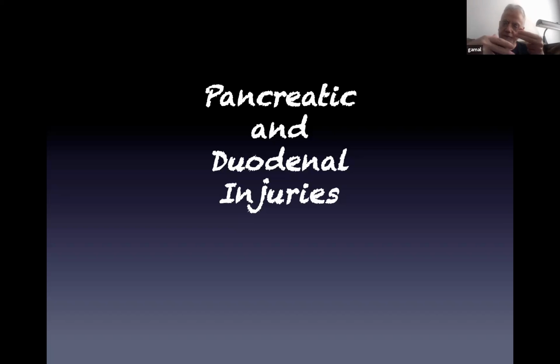From the right side, after you divided the ligament of Treitz, your two fingers and the thumb also gonna come. These two are gonna meet behind the fourth portion. You're gonna connect the right and left side of the abdomen behind the fourth portion of duodenum. That way, these fingers are gonna touch.